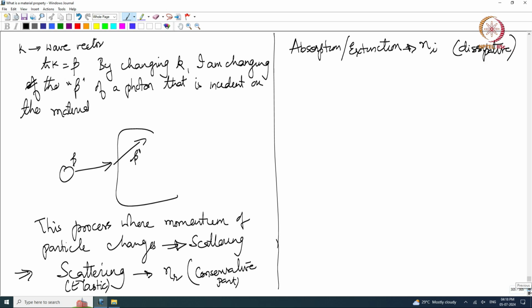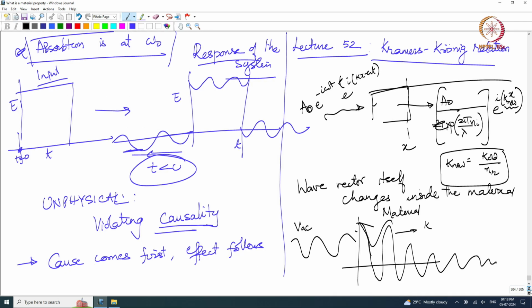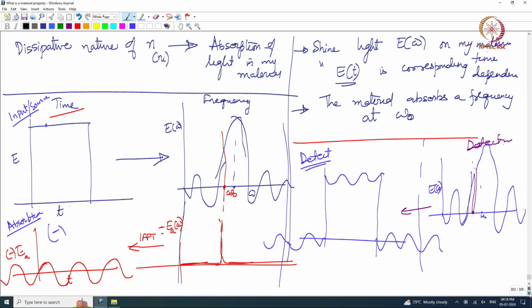So this is how light works, how the refractive index works. Then I said, let us do this hypothetical experiment where I shine an electric impulse, with electric field of a certain value E0 for a time t, on a material.